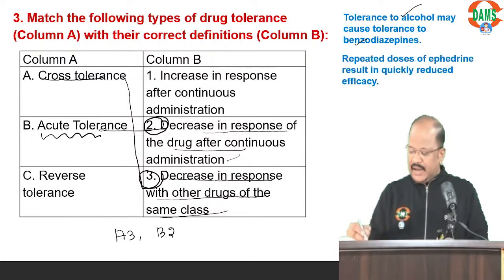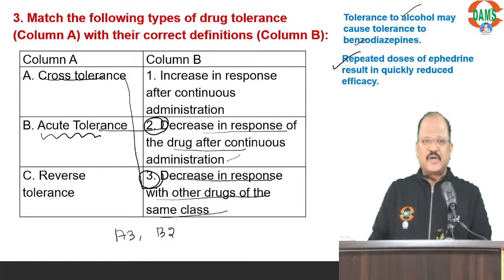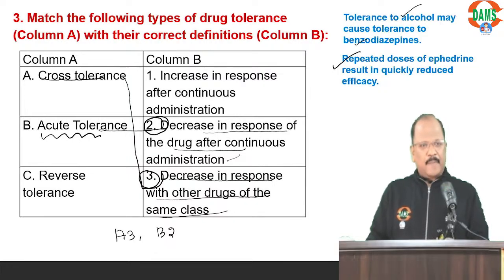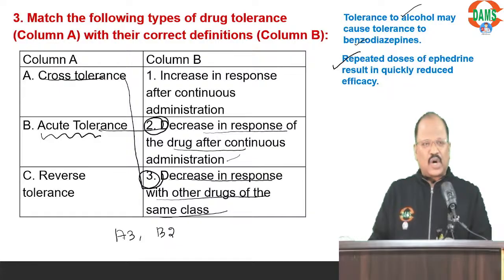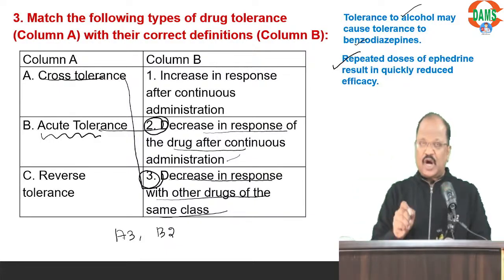For example, if I give repeated doses of ephedrine for allergy or nasal congestion, within 2 or 3 days the response will decrease due to depletion of stored norepinephrine. So rapid development of tolerance is called acute tolerance, or very rapid we can call tachyphylaxis, but he is asking about acute.